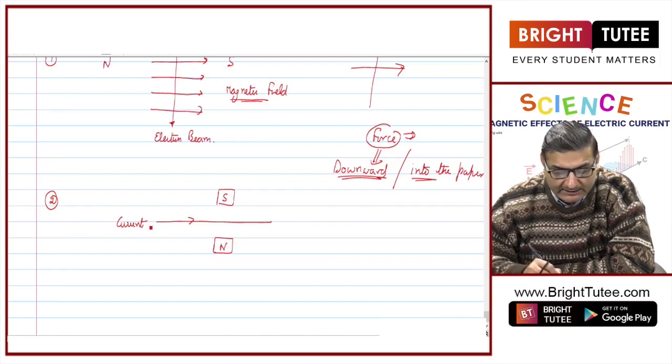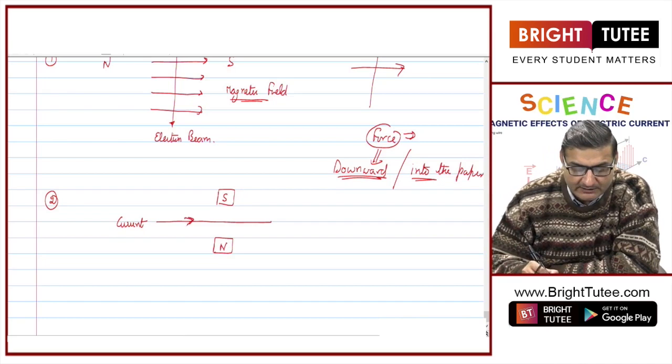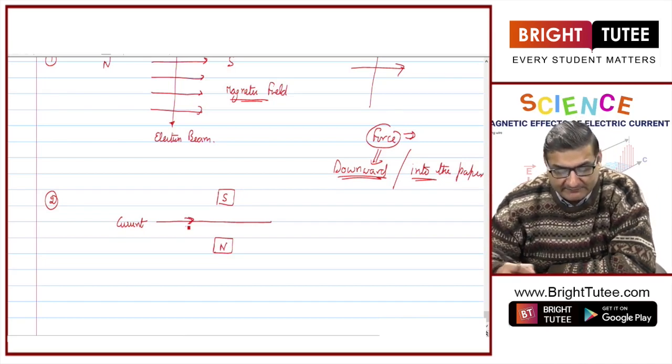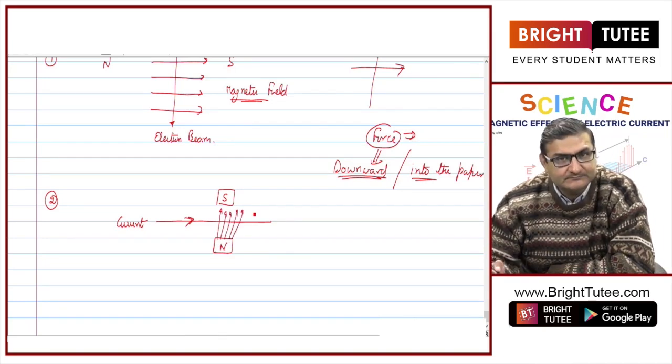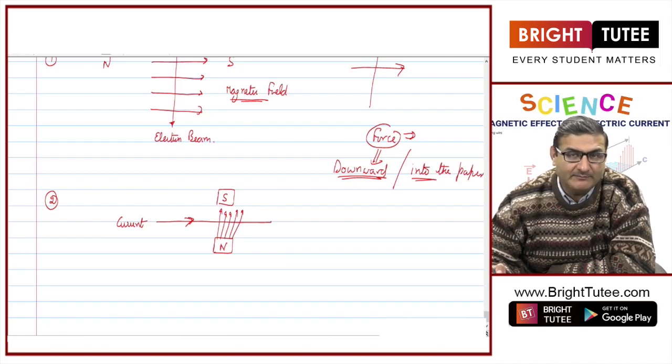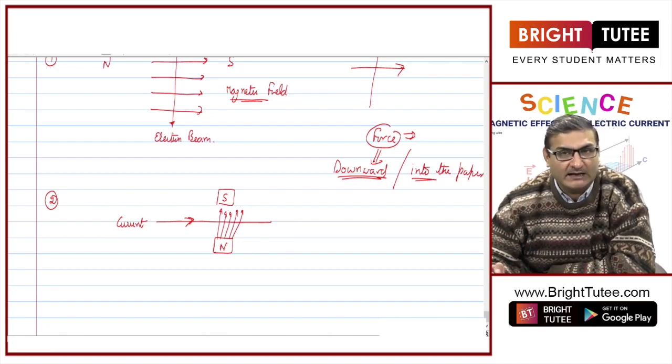So a current carrying wire is placed in a magnetic field like this. Direction of current is given to us. Magnetic field north to south, and we will relate that the magnetic field lines will be like this. Where will be the deflection or movement in this wire?